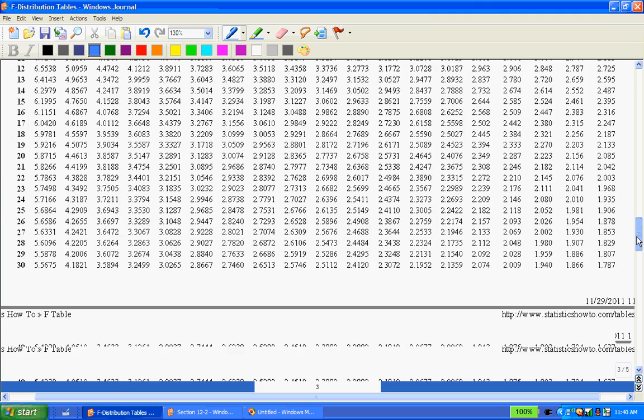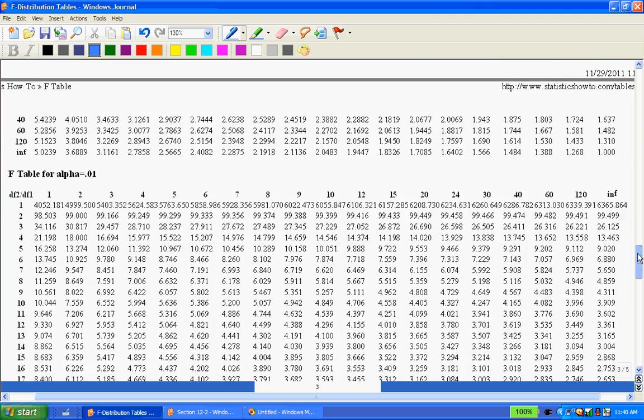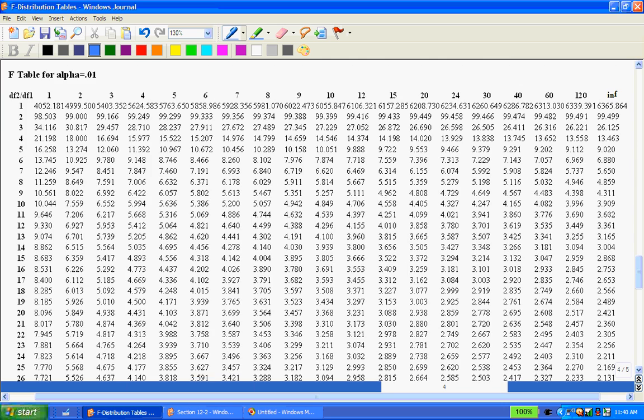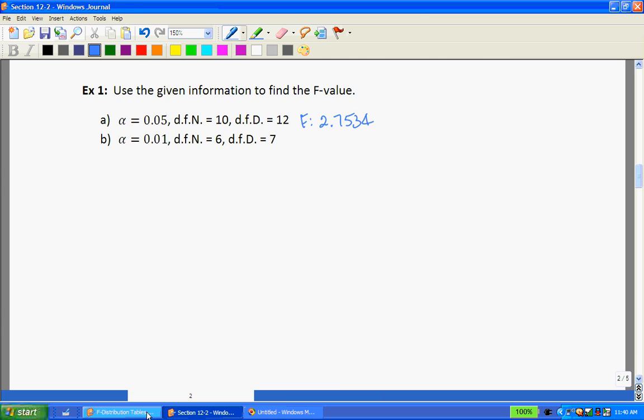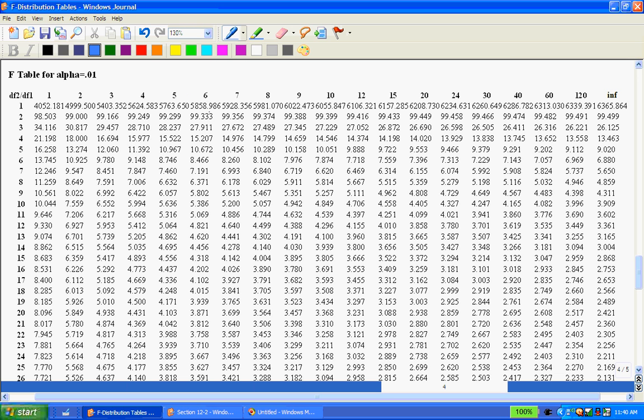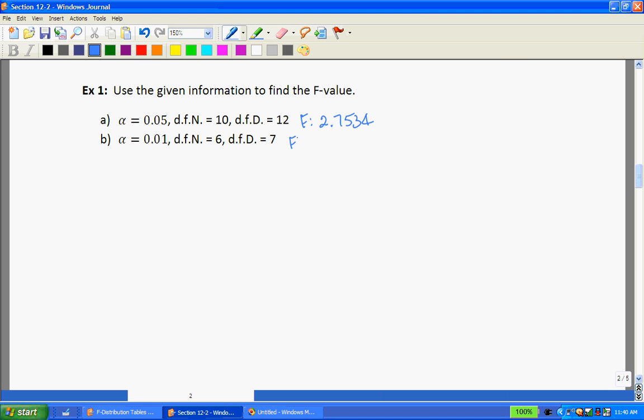There's 0.025 and 0.01, and we're 6 and 7. So I go across to 6 and down to 7, and we have 7.191.